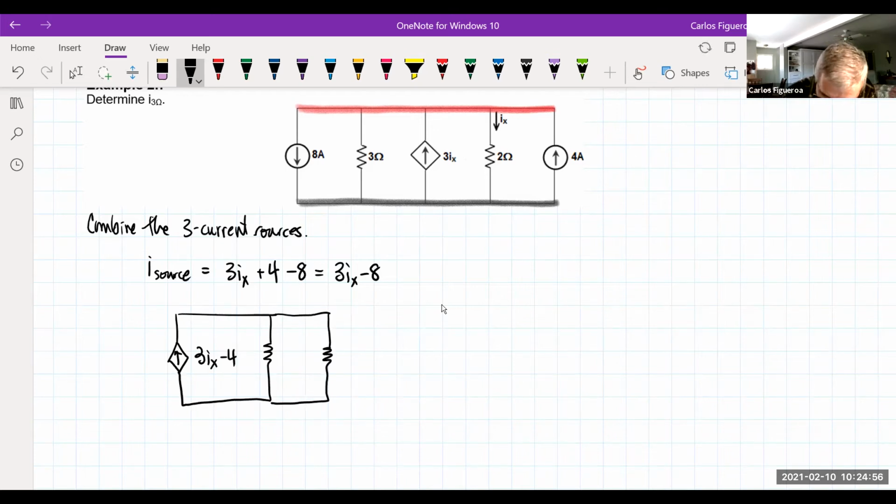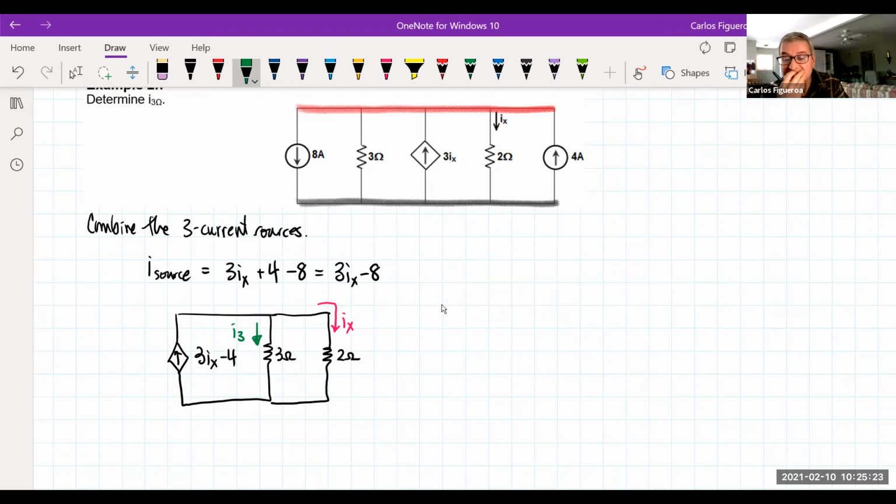So in other words, here's my 3 ohm, here's my 2 ohm, and I see here that this guy is my Ix. Now my goal is that I really want to determine this current right here, I3. That's what our goal is.